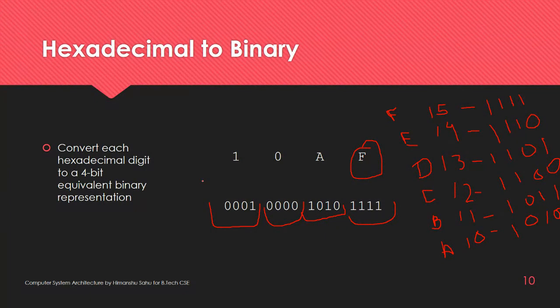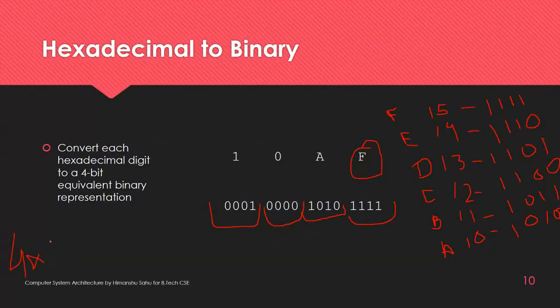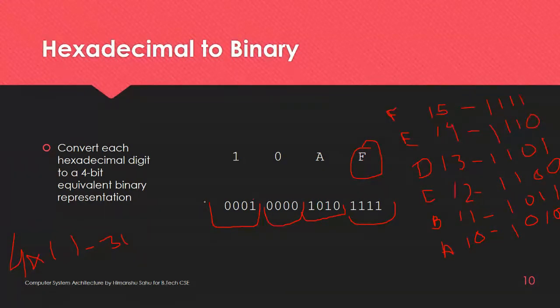So yes, the string will become 4 times, but in this scenario we can remove the leading zeros. So the string length will range from 3 times the original length plus 1 to 4 times the original length. ये रेंज होगी इसकी, मतलब ये 3 बिट्स तो सिग्निफिकेंट होंगे और एटलीस्ट 1 बिट आपकी प्रेजेंट होगी.